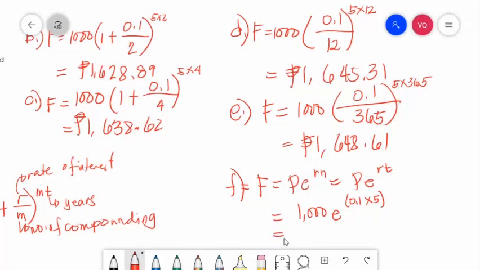So your future worth is equal to 1,648.72 pesos.